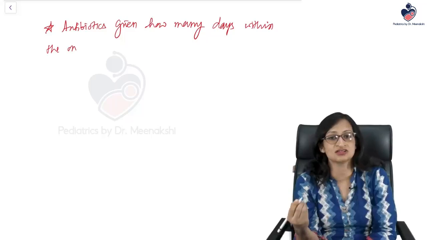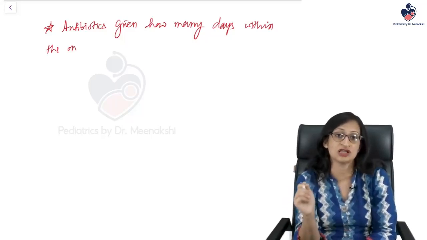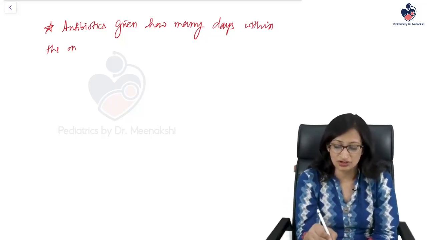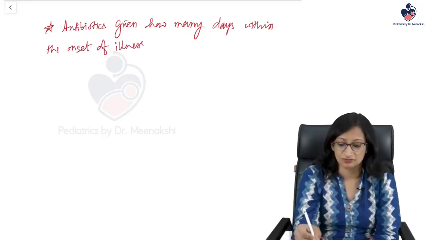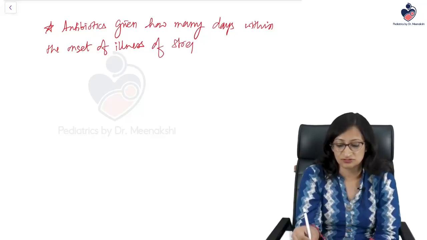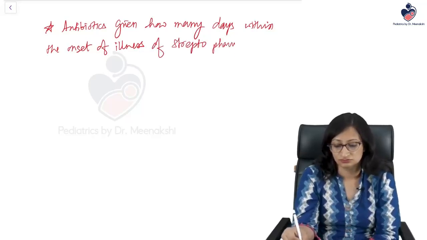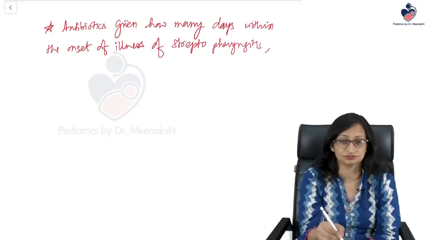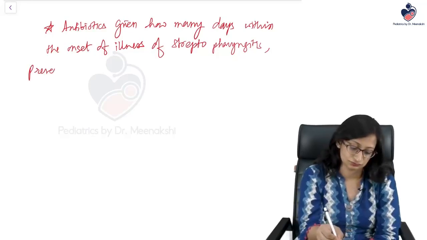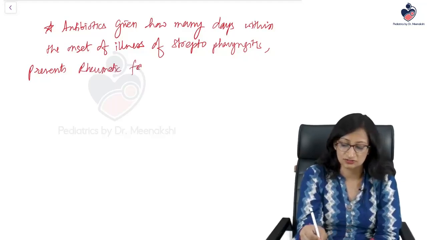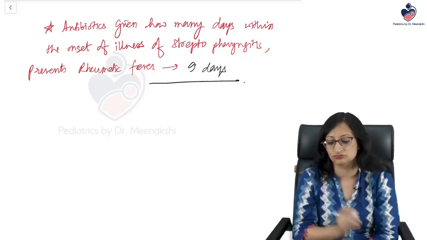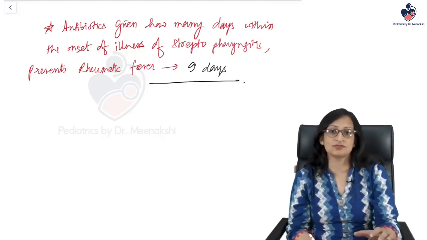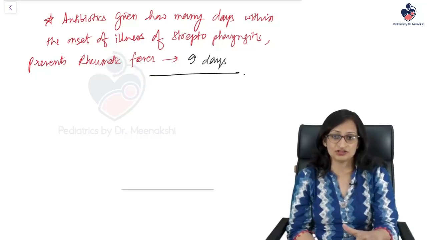So ideally it should be started as early as possible, but it can be effective even if started within 9 days of onset of illness. Okay. So that is about acute streptococcal pharyngitis.